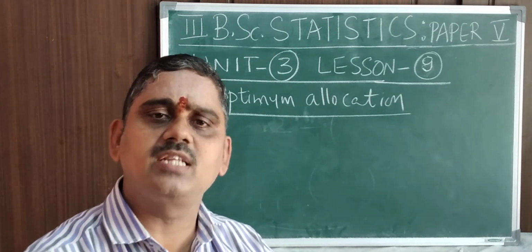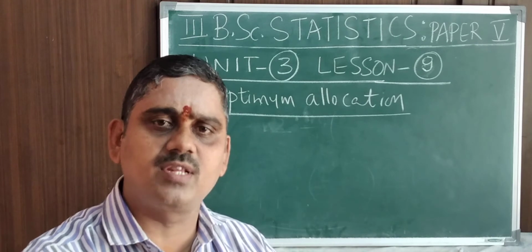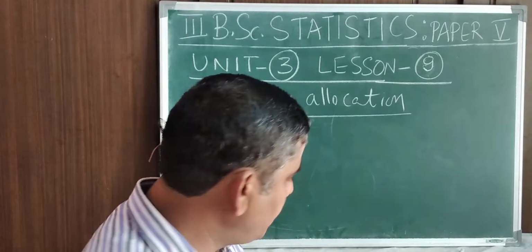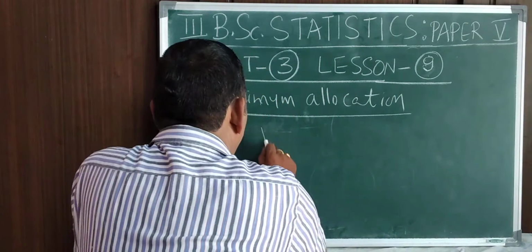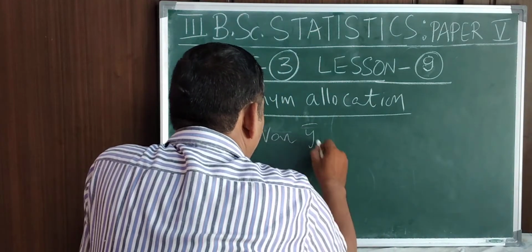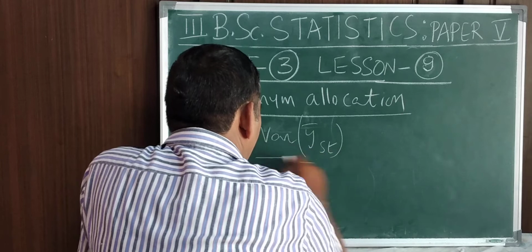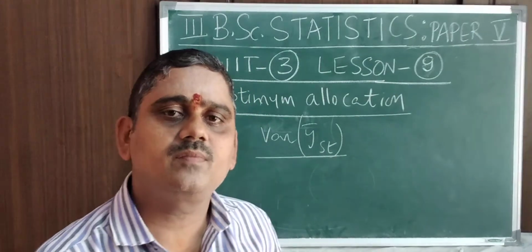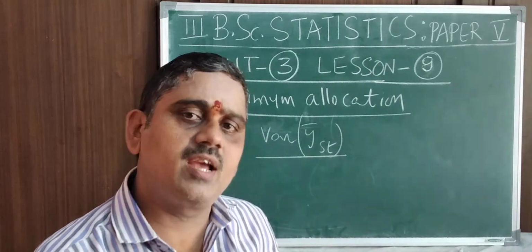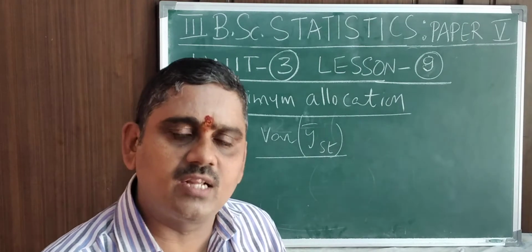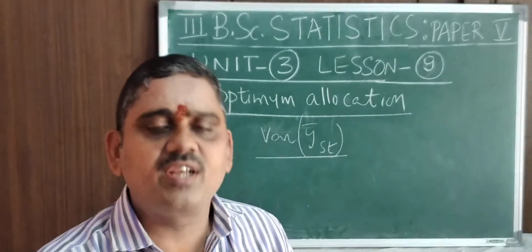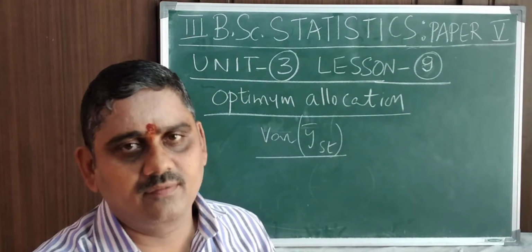I always consider the variance of the stratified random sample mean, which means the variance of y bar st. So, minimizing the variance of y bar st for fixed sample size n.